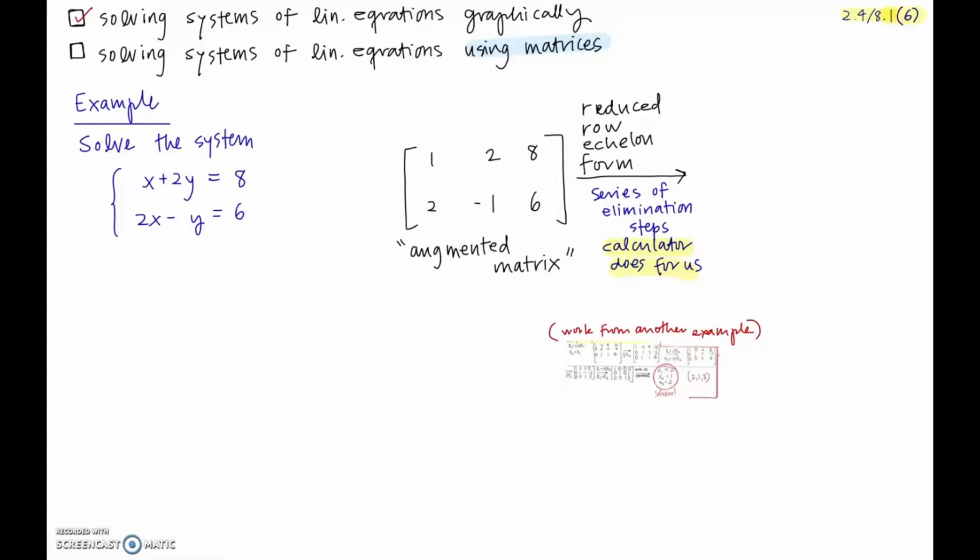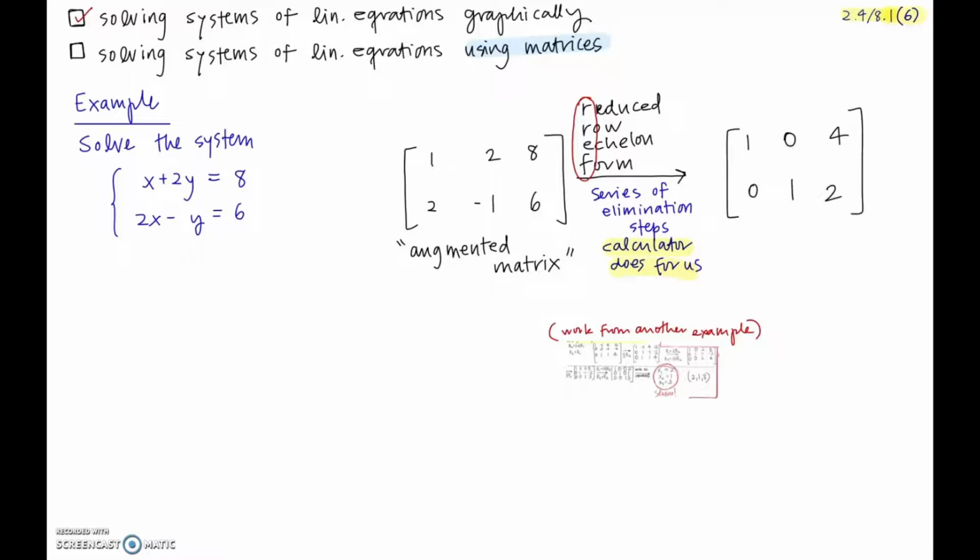When you look on your calculator, we'll take a look in just a minute, you're going to look for something called RREF. Once the calculator does this operation, what the system results in is something that looks like this: 1, 0, 4, 0, 1, 2.